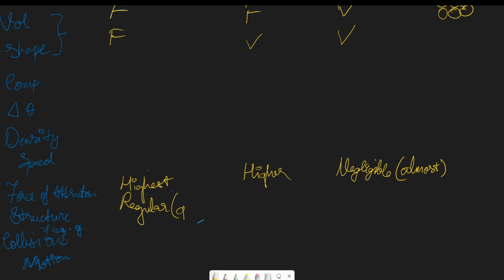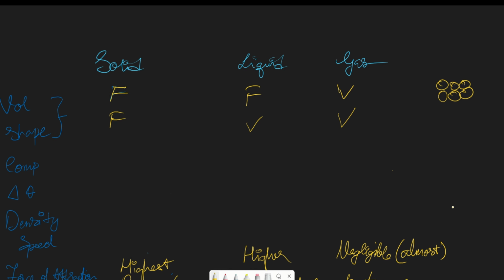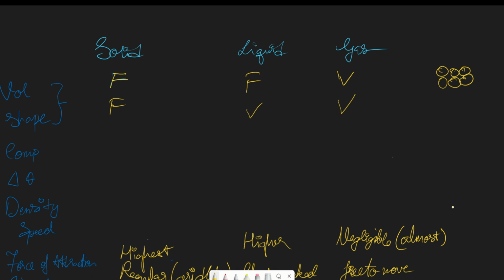It's grid-like. In liquids, their structure is closely packed, and here they're free to move. And gases. So this is what causes the shape to change.